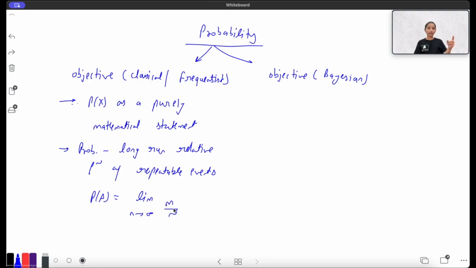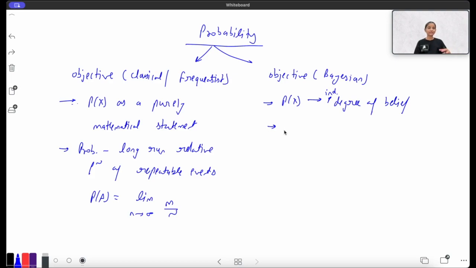And in the subjective view of it, the probability represents a degree of belief, an individual's degree of belief. As we know, two people could have different beliefs, depending on my opinion and another person's opinion.